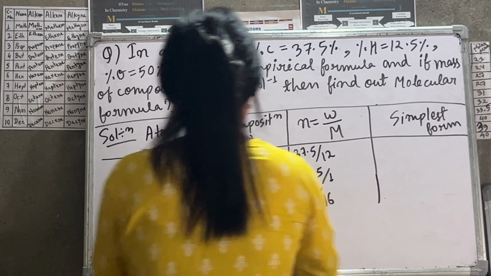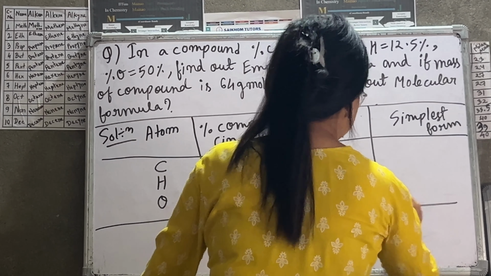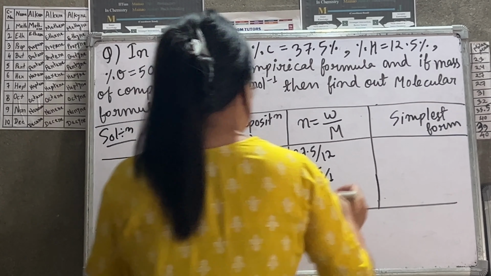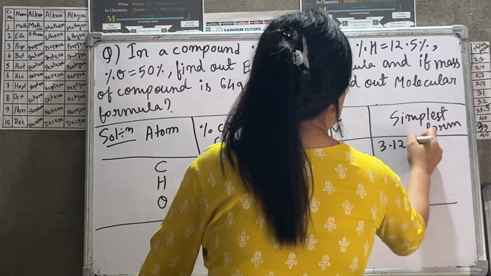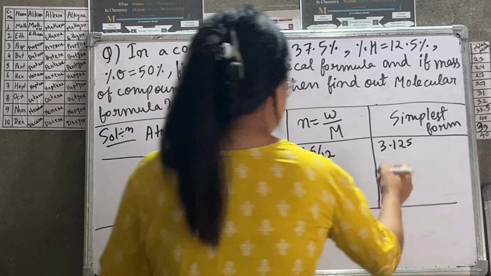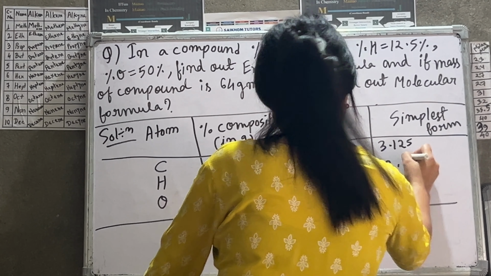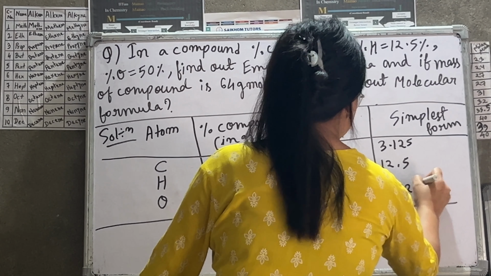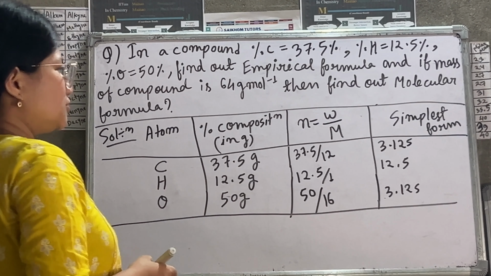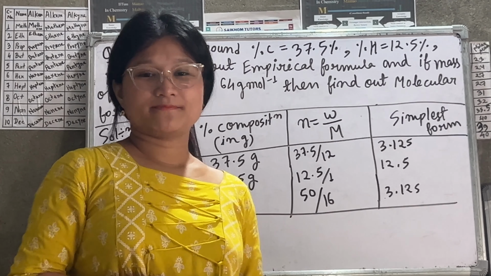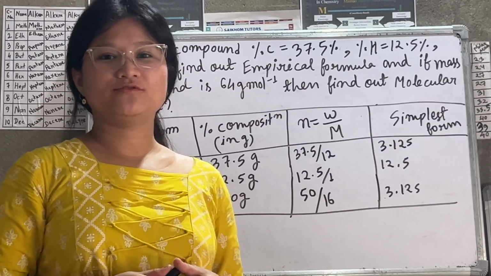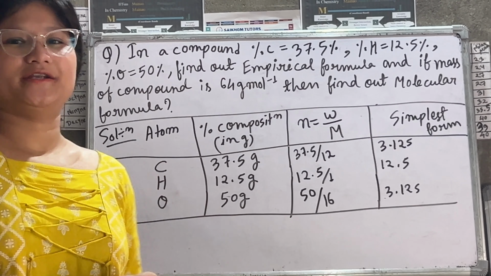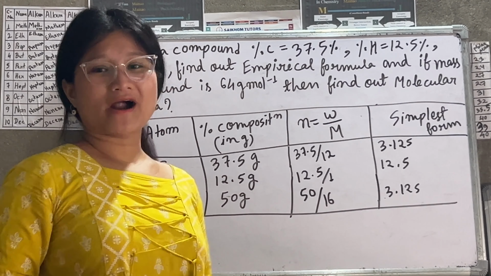So when we calculate this, the answer is 3.125. Here 12.5, and here 3.125. To convert this into the simplest form, you need to divide by the smallest unit, which is 3.125.